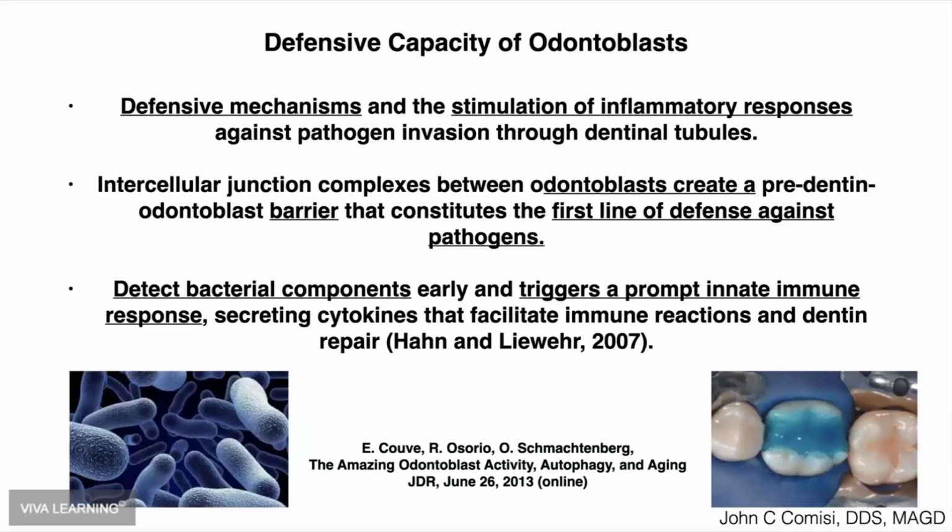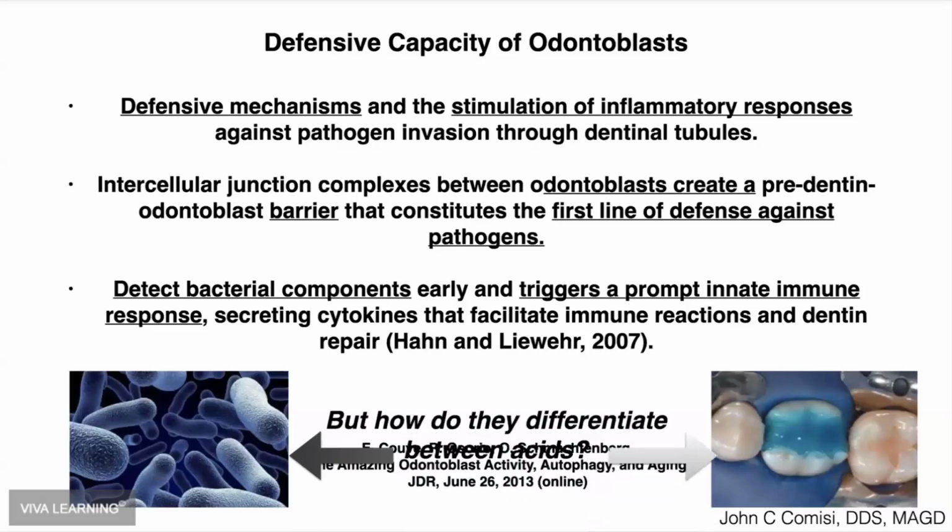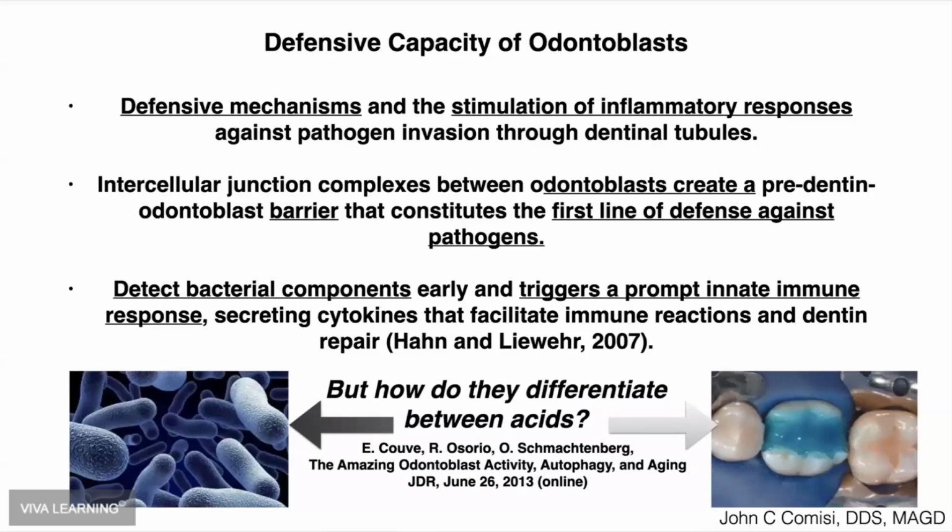But the biggest question that I always have is, how does the tooth differentiate between the acids of the bacteria and the acids that we're employing to restore the tooth? There isn't a way for the tooth to differentiate.